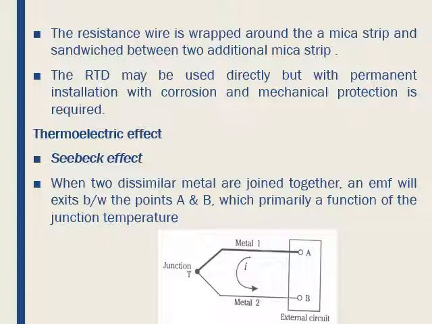That is, an EMF exists between the points A and B as in the figure, which is primarily a function of the junction temperature, or nothing but the amount of EMF generated is different for different combinations of metals.